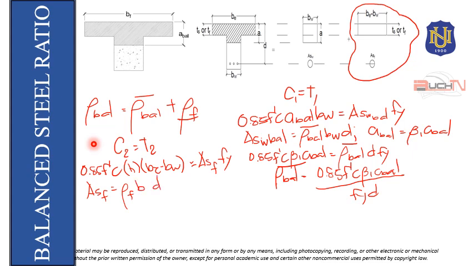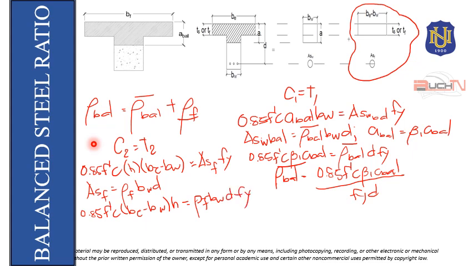Pero ano yung b na gagamitin? Ang gagamitin nating b is B_W. Kasi remember, yung sa balance condition, tumatama si C balance dito na sa B_W, hindi dito sa itaas. So, ibig sabihin, that is just B_W. So, that will be 0.85 f'c times B_E minus B_W times h is equal to rho_f B_W d f_y.